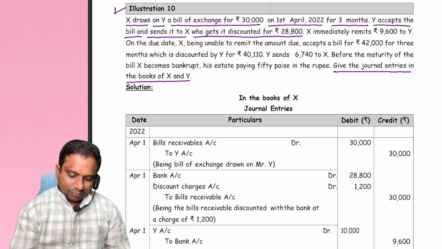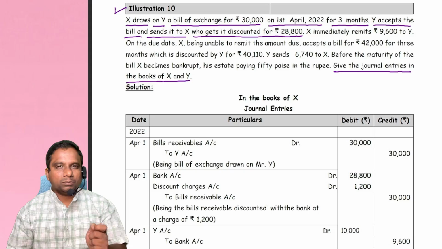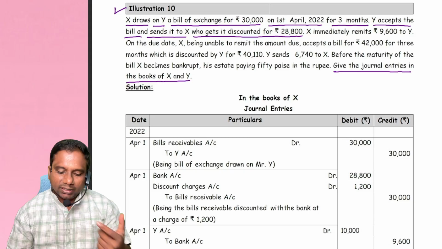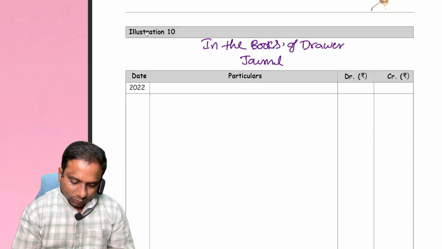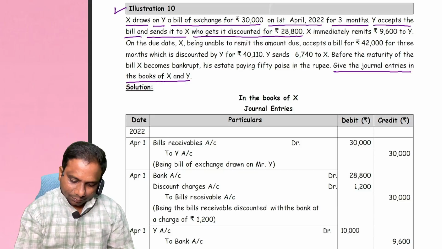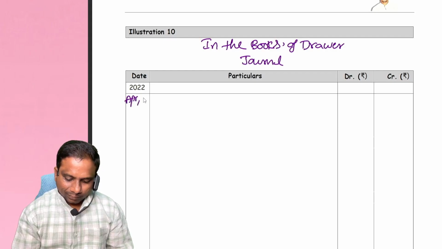Now look at first, X draws a bill on Y and Y accepted. For X it is bills receivable, for Y it is bills payable. First record these entries. 2022 April 1st.